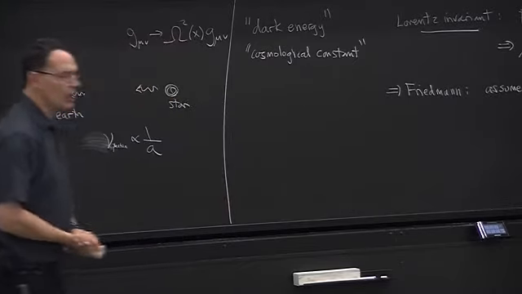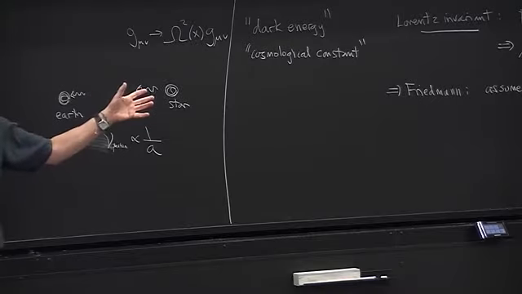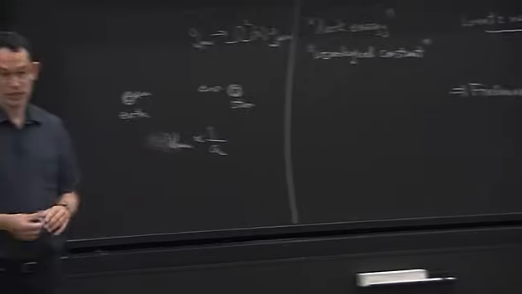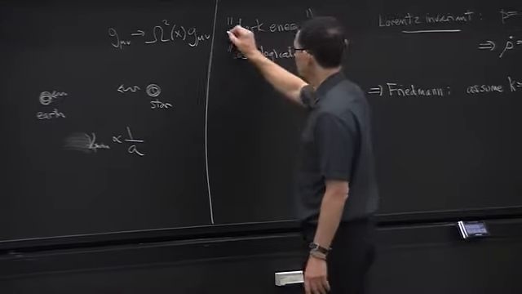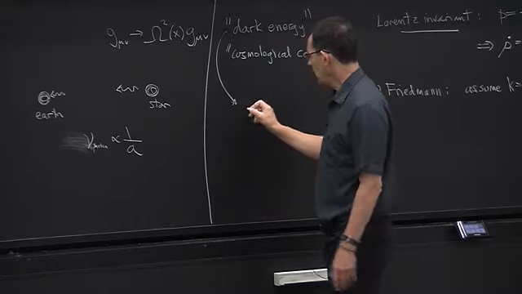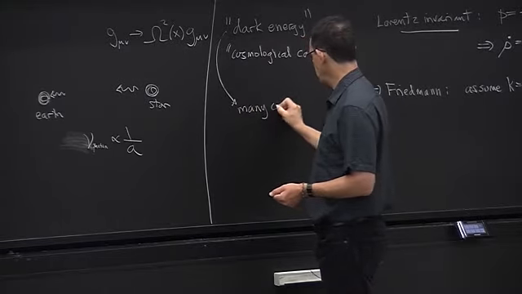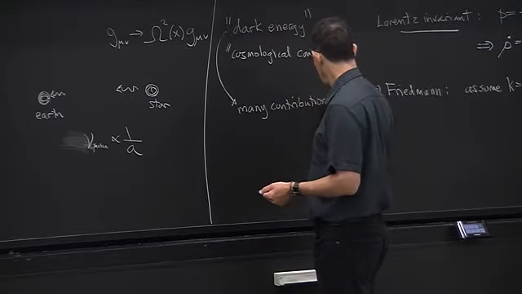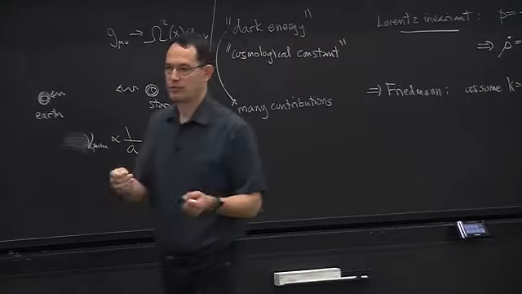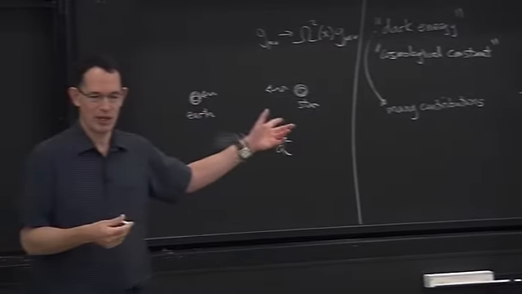Now, in fact, we know there are other fields which contribute to the dark energy, one of which is the Higgs field. So the dark energy, we now understand, receives many contributions, many different forms of energy in physics.